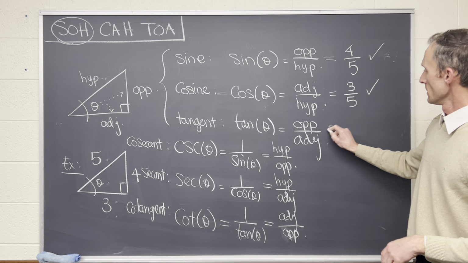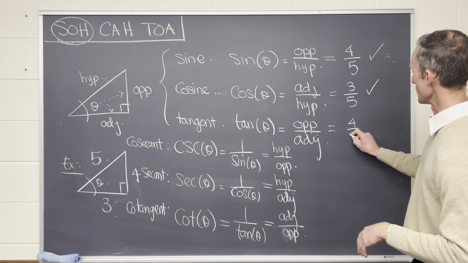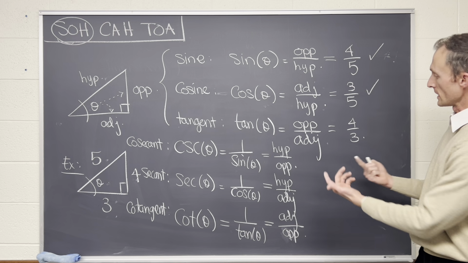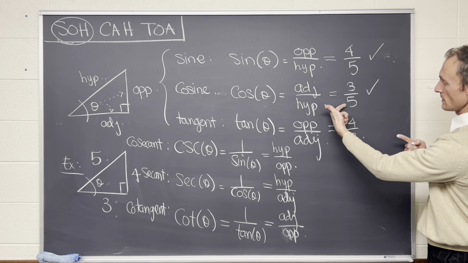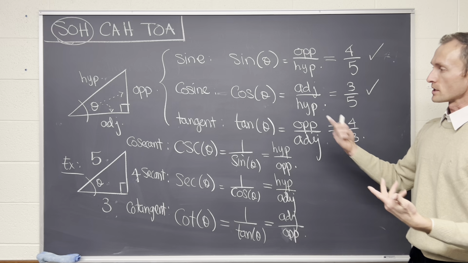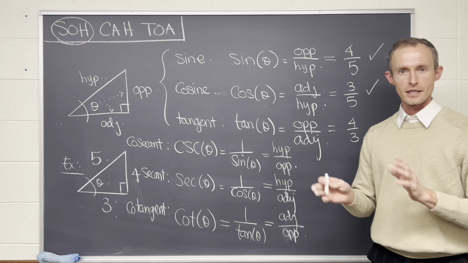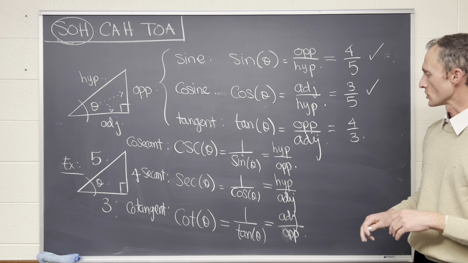Done. The tangent is the opposite 4 over the adjacent, so that's 4 over 3. Okay? Notice that if you do the math, 4 divided by 5, all divided by 3 divided by 5, I get 4 divided by 3, so there's something there. And we'll discuss that in an identities kind of setting in terms of sine, cosine, and tangent and how these trigonometric identities show up.